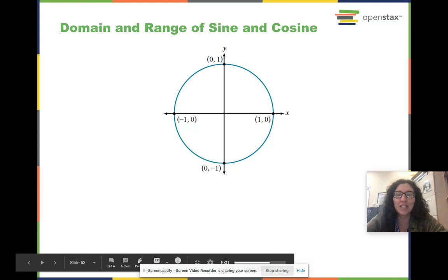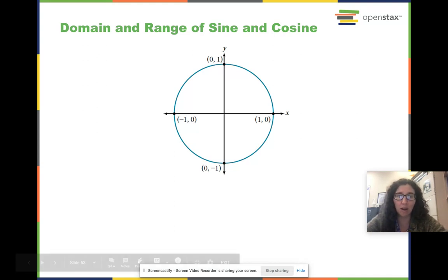All right, so the first little item of business is to think about the domain and range of sine and cosine. So if sine is the y value of the place that the terminal side of our angle is going to intersect the unit circle, the y value starts at 0, and it goes up to, what's the biggest that the y value can get? 1, right?